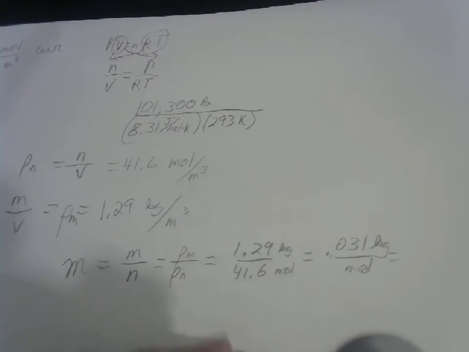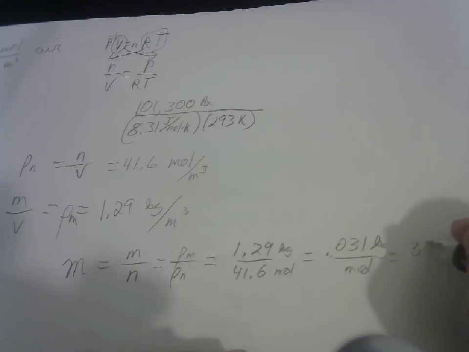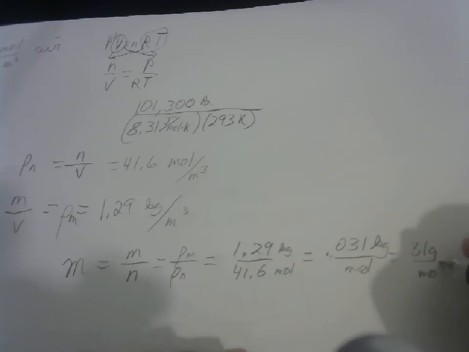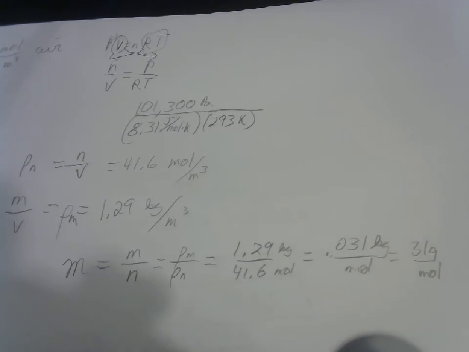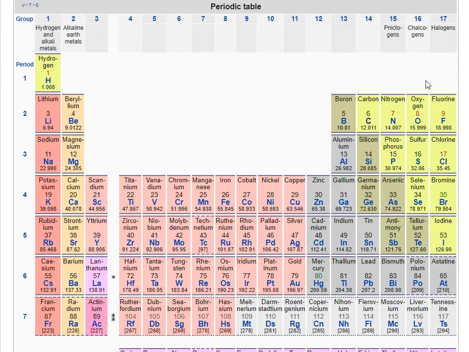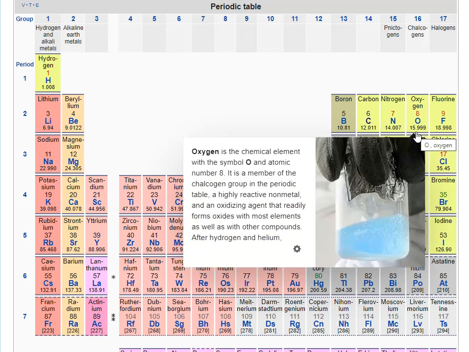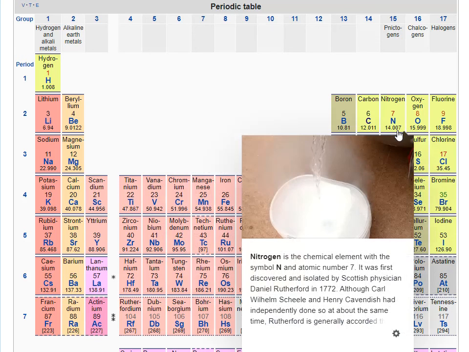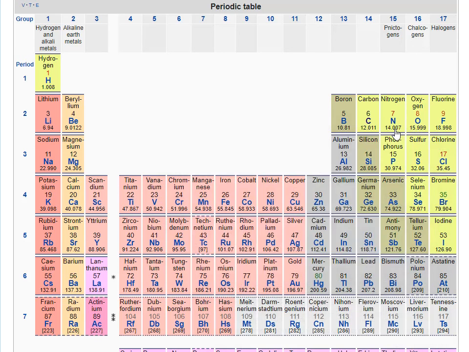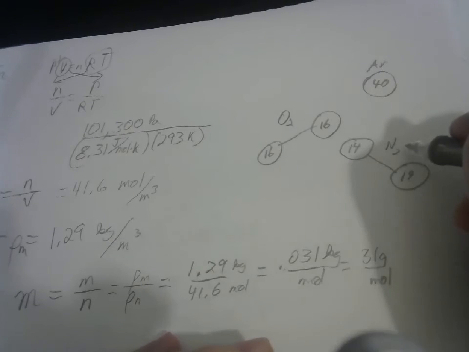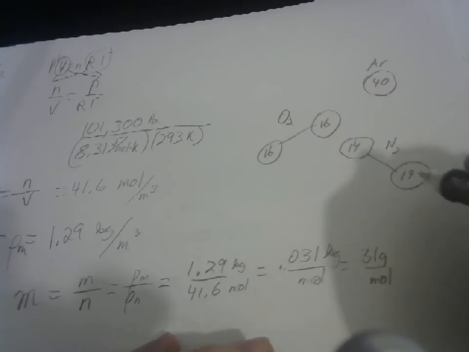or 31 grams per mole. Now, how does that stack up? Our atmosphere is made up mostly of oxygen, which has a 16, and nitrogen, which has a 14. We just got 31. How does oxygen and nitrogen work to make up 31? Well, it turns out these two gases appear in diatomic structures.